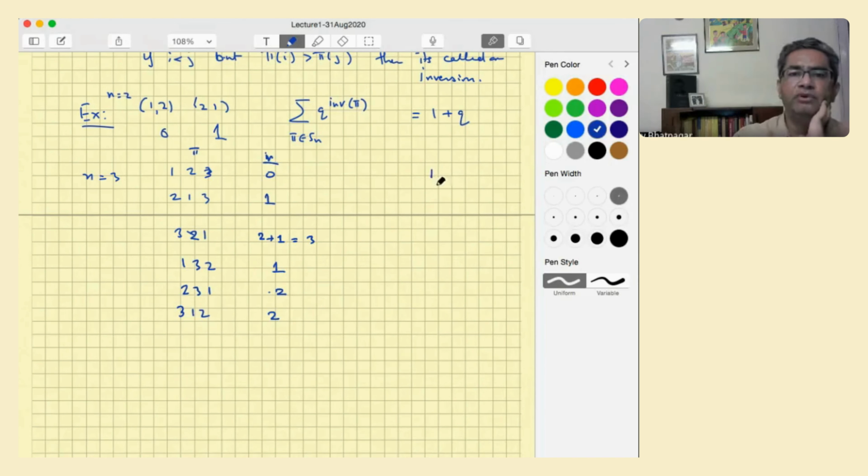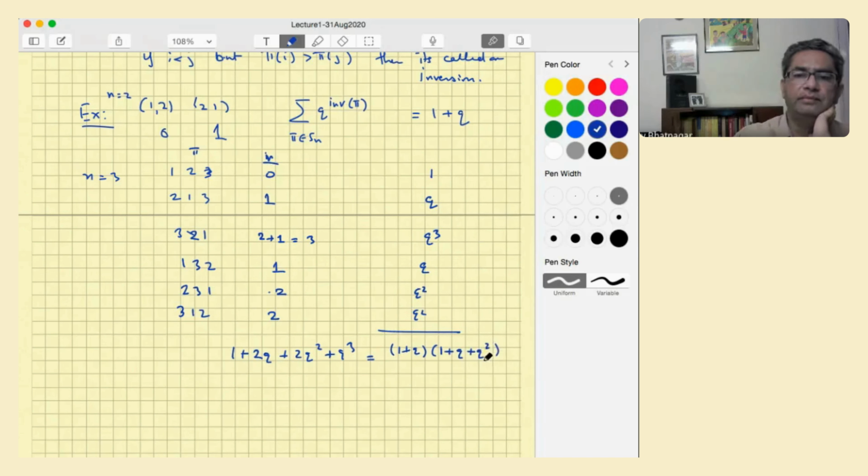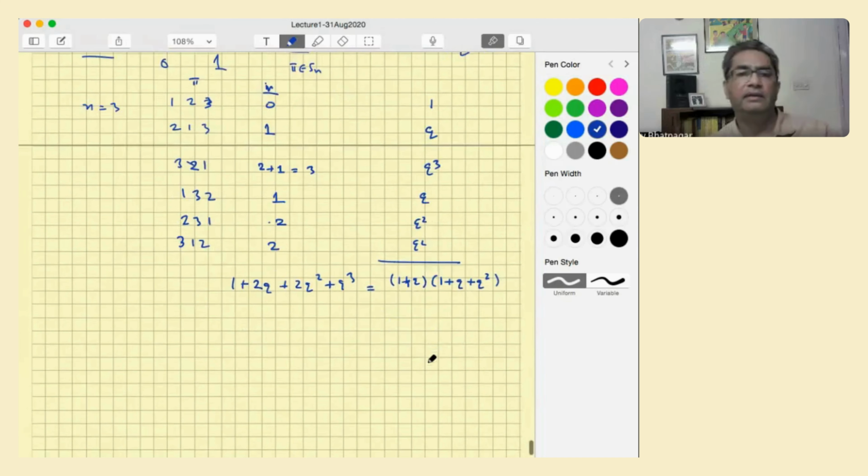This contributes 1, this contributes q, this contributes q, then q squared, q squared, and q cubed. If you sum all these, you get 1 plus 2q plus 2q squared plus q cubed, and this is equal to the product.